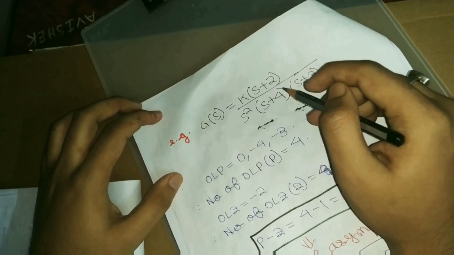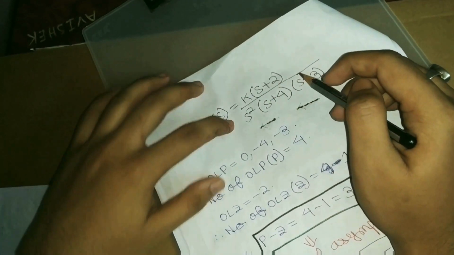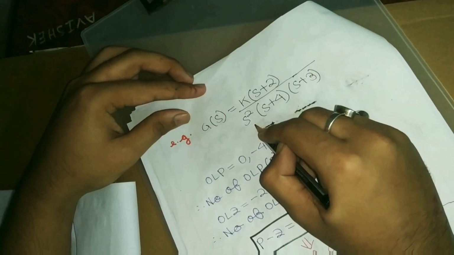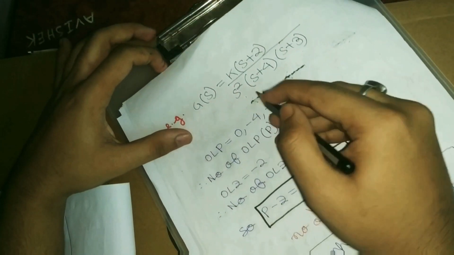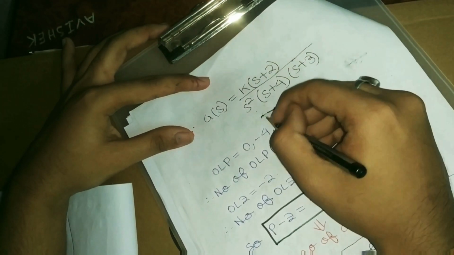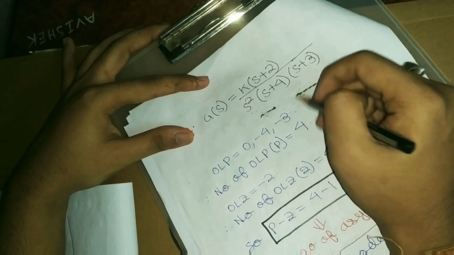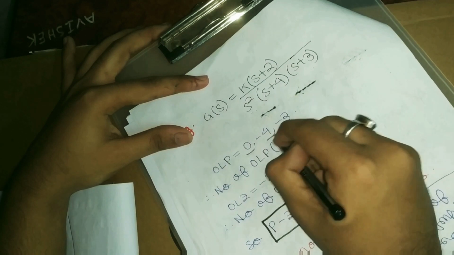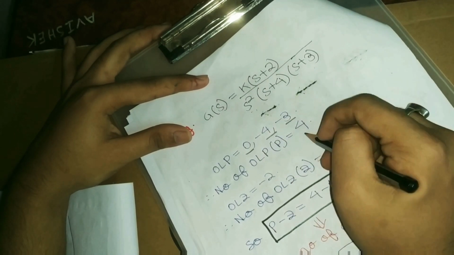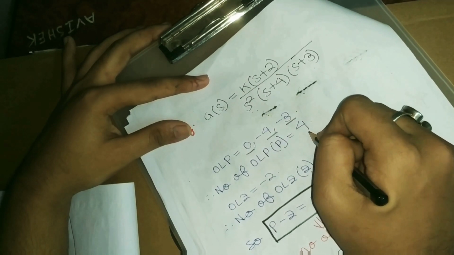Okay, so suppose this is the example. G(s) is equal to K (s plus 2) divided by s square (s plus 4)(s plus 3). Okay, first what we are doing is finding the open loop poles and zeros. So here it will be 0, minus 4, minus 3, but the number of poles is 4. Why is it 4?